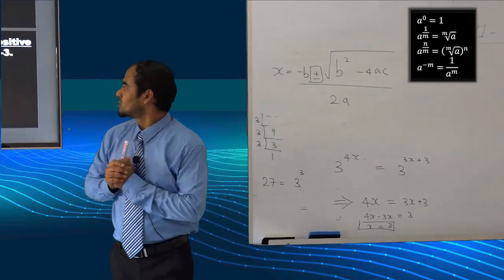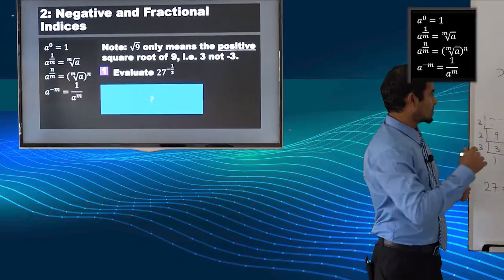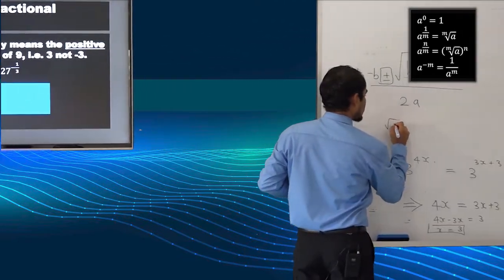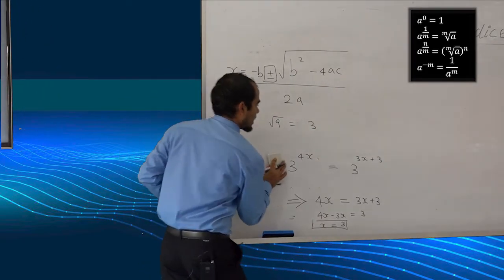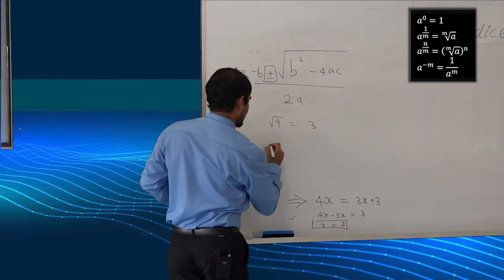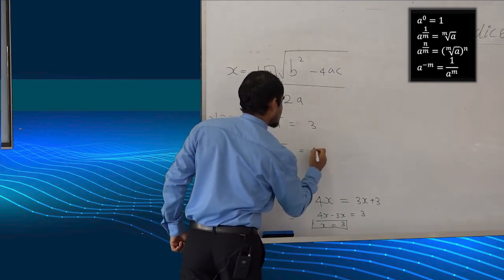So what I'm going to say is that if you have square root of 9, you are going to write it like 3, okay? But if you have plus or minus square root of 9, you will get plus or minus 3.